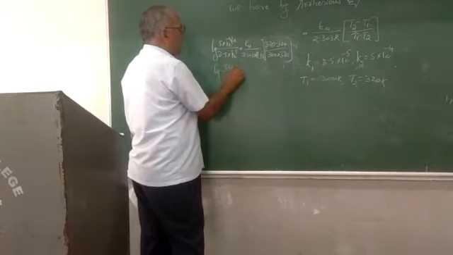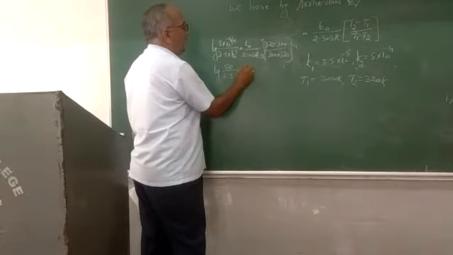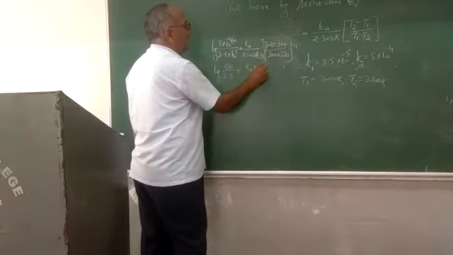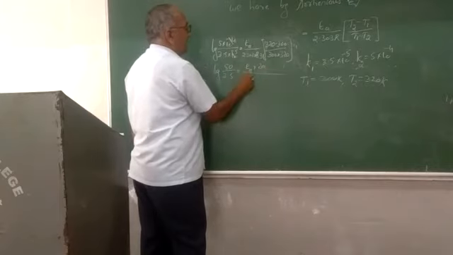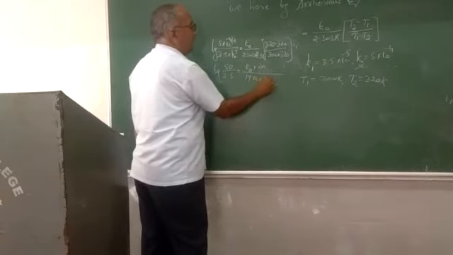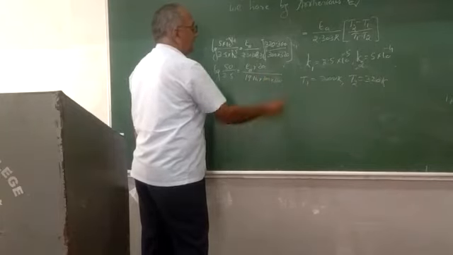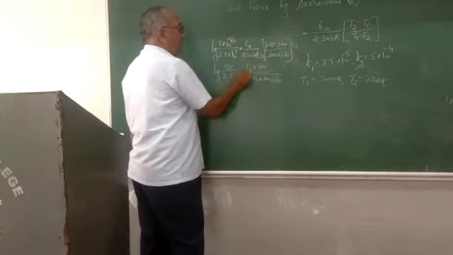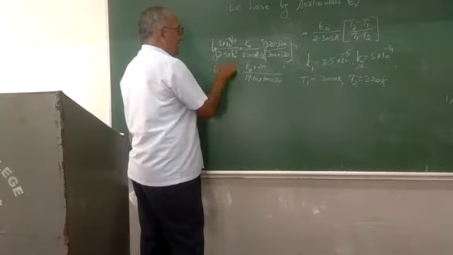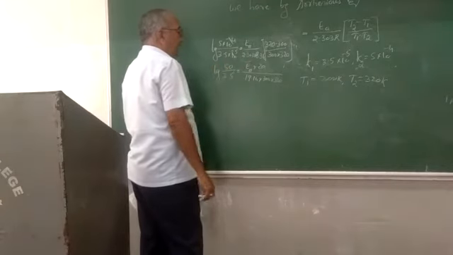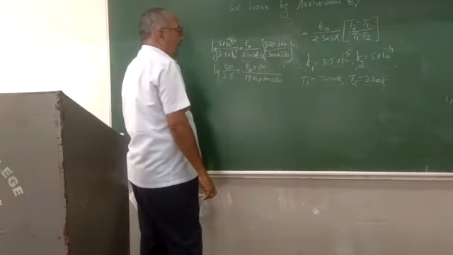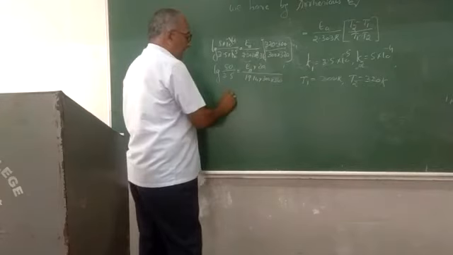It becomes 50 divided by 3.5, and Ea, this is 20 and this is 19.14 and 300. So keep Ea as it is and see the log of 50 divided by 3.5, simplify and get the answer.